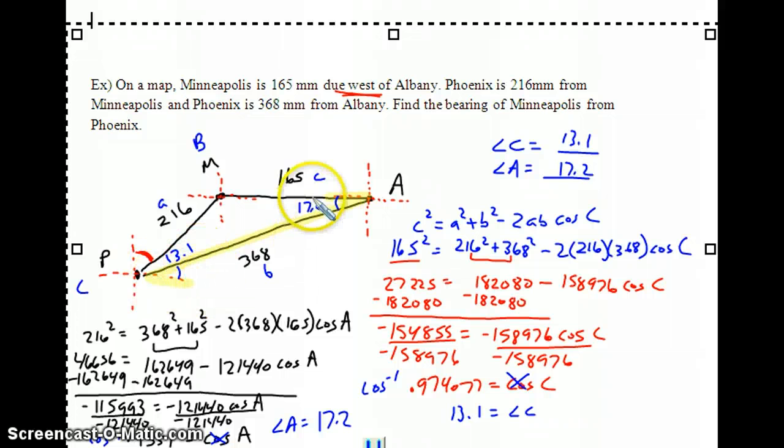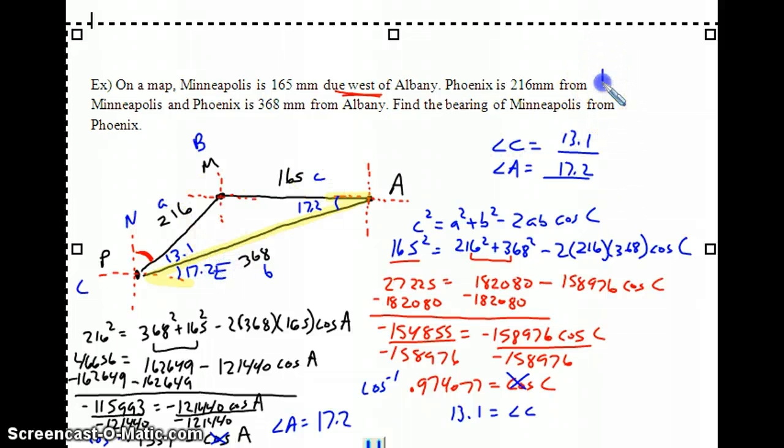By geometry, parallel lines and congruent angles, we would know that this would be 17.2 also. My question asks for the bearing of Minneapolis from Phoenix, in other words, going from Phoenix to Minneapolis. A bearing is a directional distance, so my directional distance would be from this north line heading over here in the east direction.